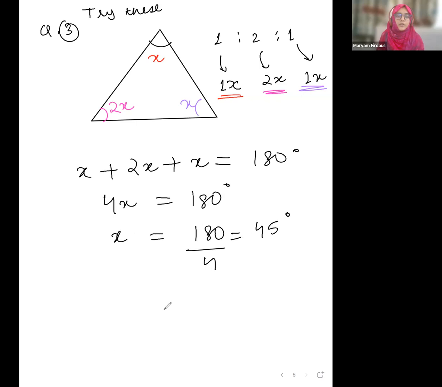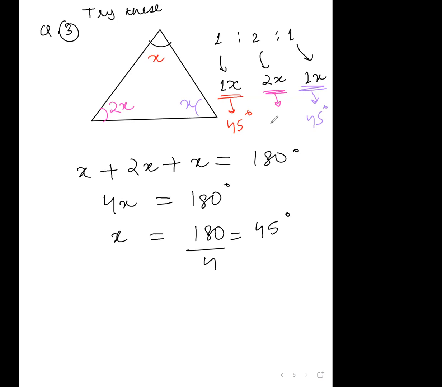Okay. So if x is 45, then our angles are basically, this angle is 45 degrees. The third angle is also 45 degrees. And what is the other 2x angle? How much will it be? 45 into 2? Why do we have to divide it? Divide what?